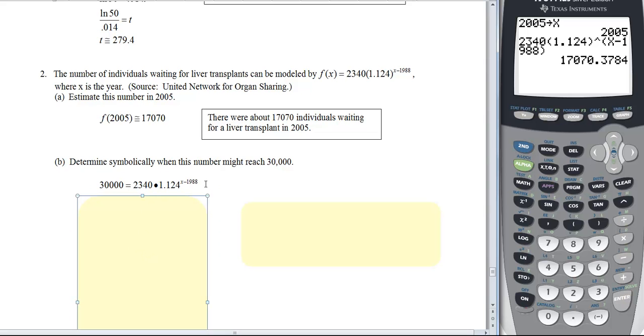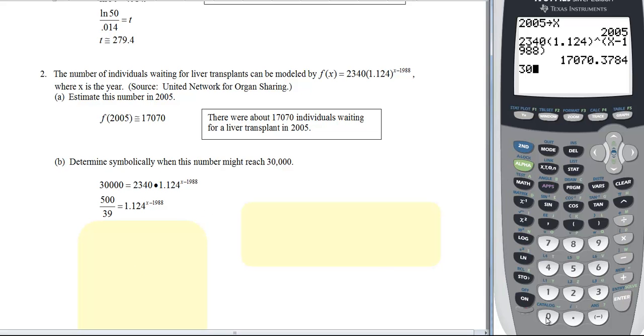Here's base raised to unknown power, so I'm going to divide both sides by 2,340. So let's put 30,000 in and divide by 2,340.